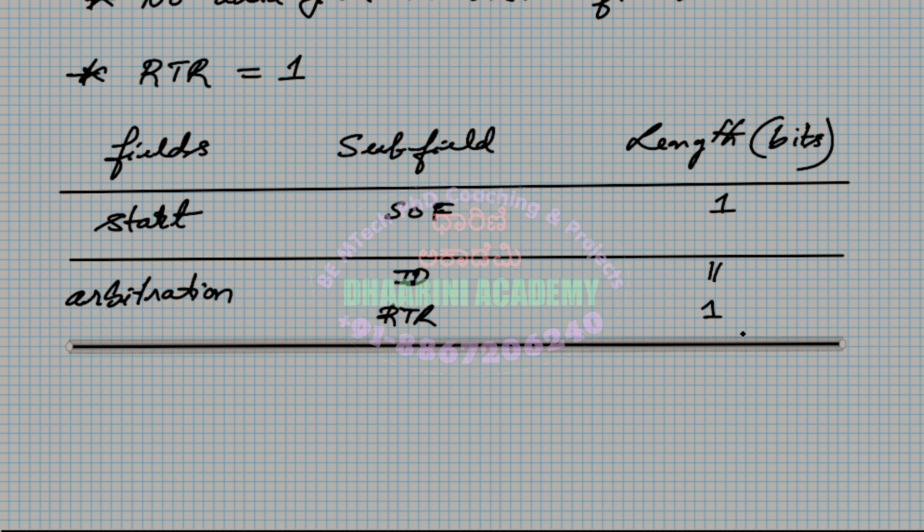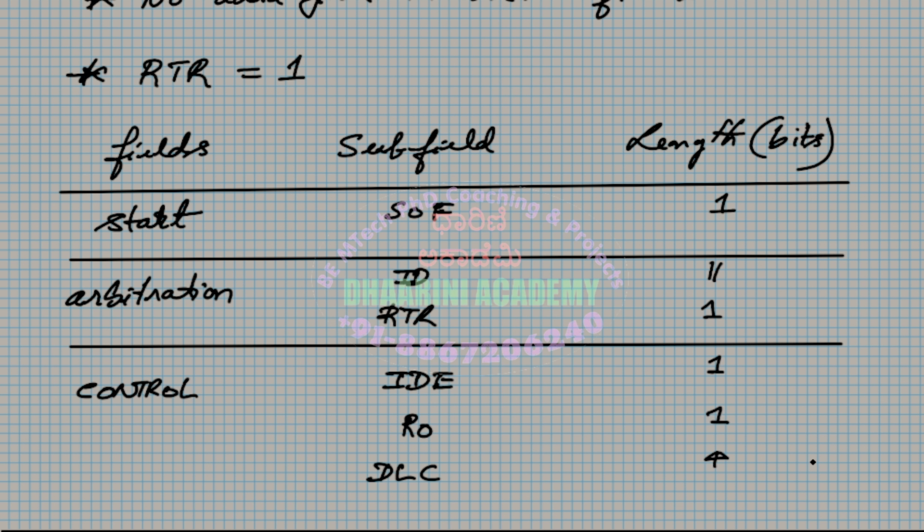Below after that we have the control part. We know that the control part has three things. One is the IDE, which we have just seen. Then we have R0, a single bit, and a DLC. These fields are of the same size as previously: one bit and 4 bits. Then let's go to the next part.